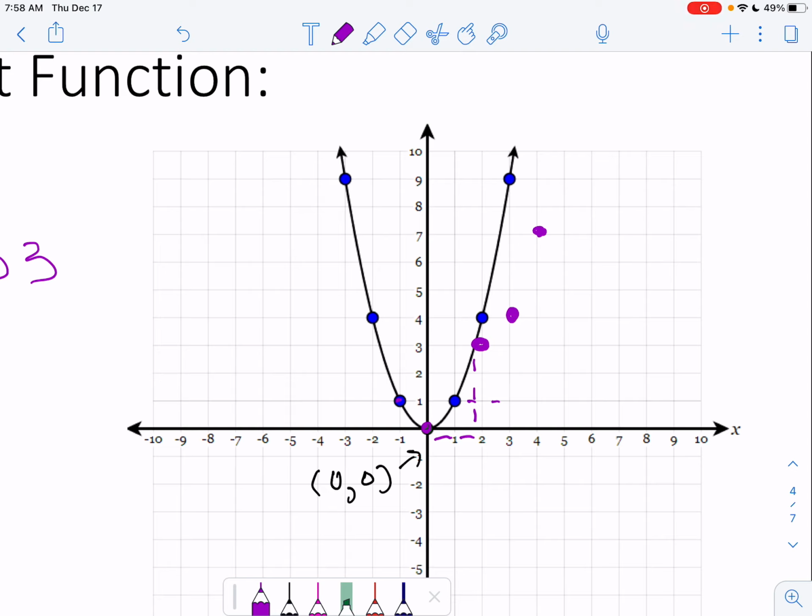Shift these points right here, right 2, up 3. And now we have our new shifted quadratic. It's exactly the same as the original one, except it's shifted right 2, up 3.